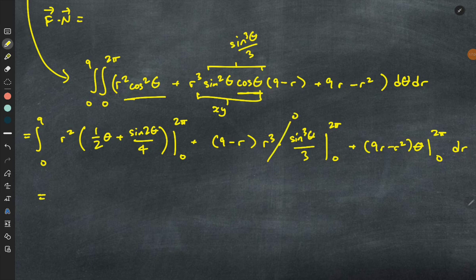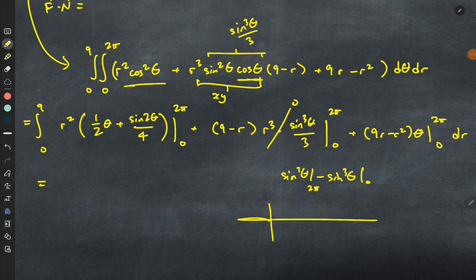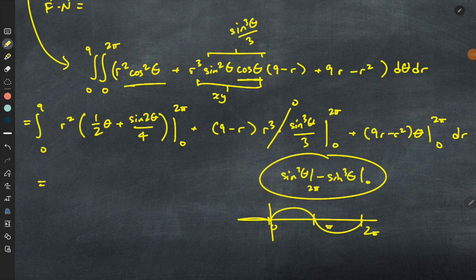The reason for that is that if you evaluate sine cubed theta at 2 pi and subtract sine cubed theta evaluated at 0, remember how the sine function looks. In this case, you're just evaluating the sine theta function at the same points, but on different periods, and then subtracting the two. You're subtracting the same number from the same number, so that becomes 0.